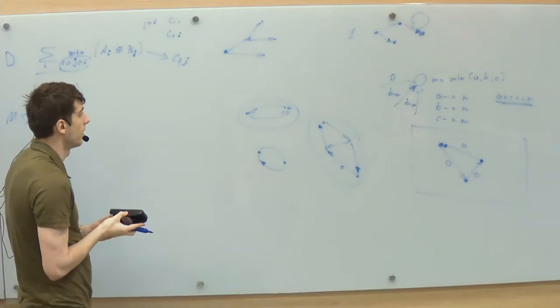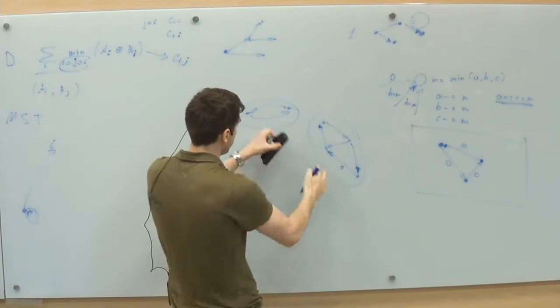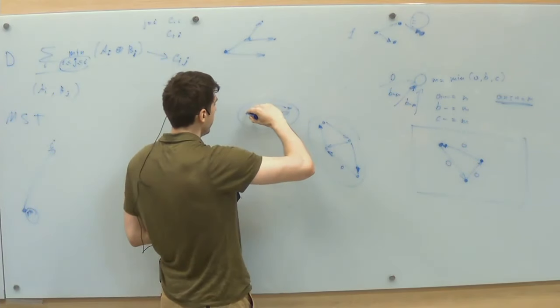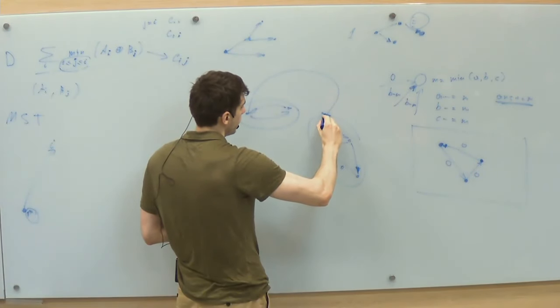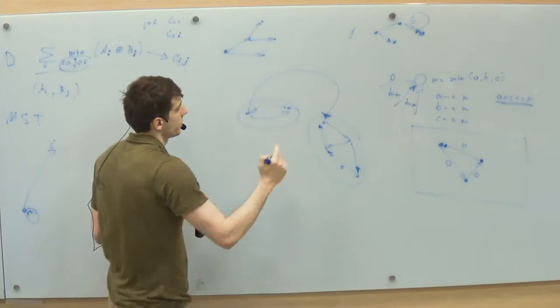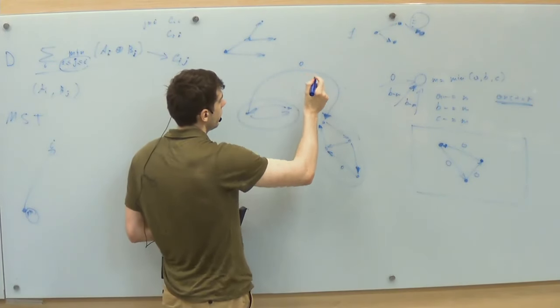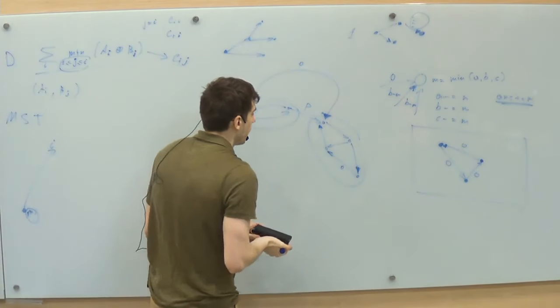Yes. So this means that if we have some strong components and some edges between them, it doesn't matter whether the edge is of zero cost or positive cost.